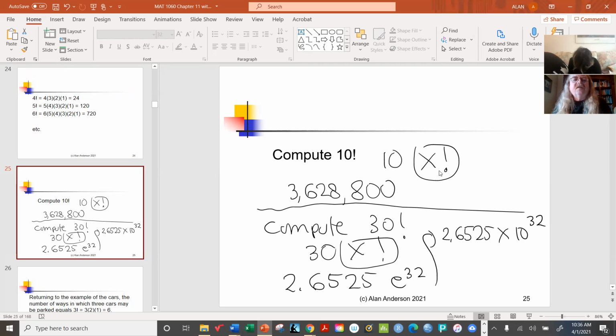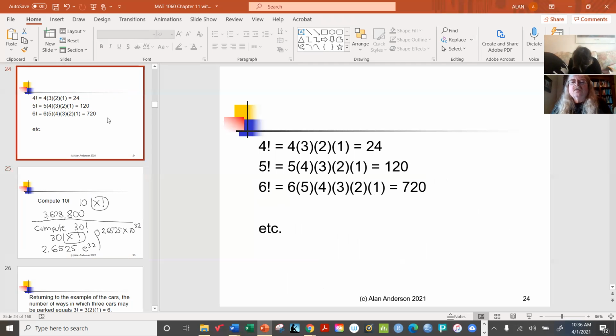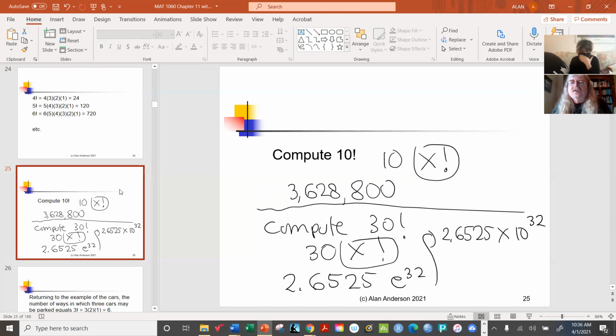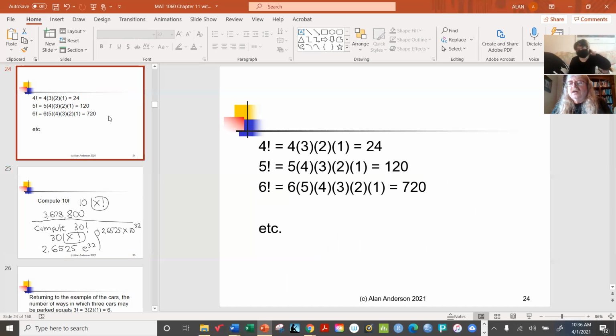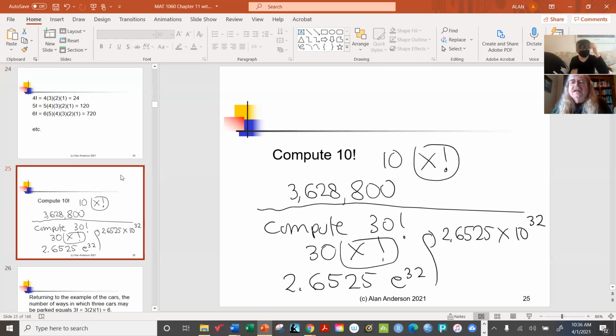Notice that 6 factorial was only 720, yet 10 factorial is over 3 million. That shows how quickly these numbers grow.